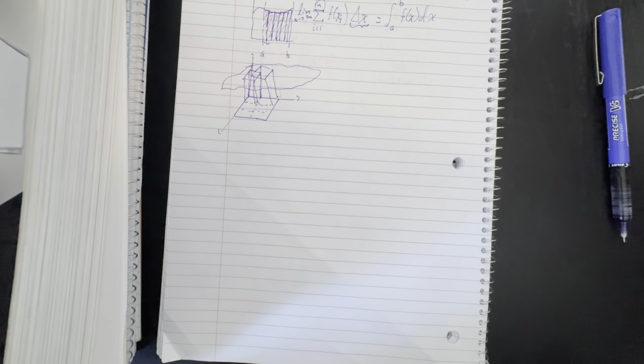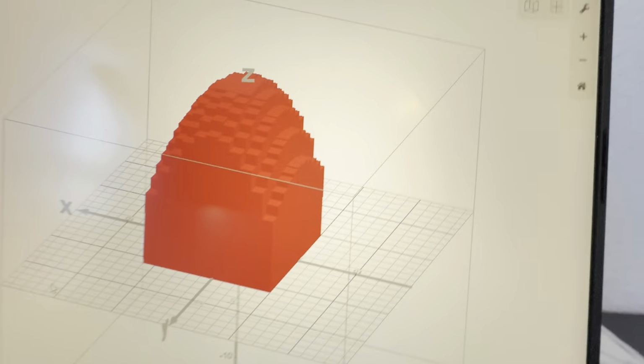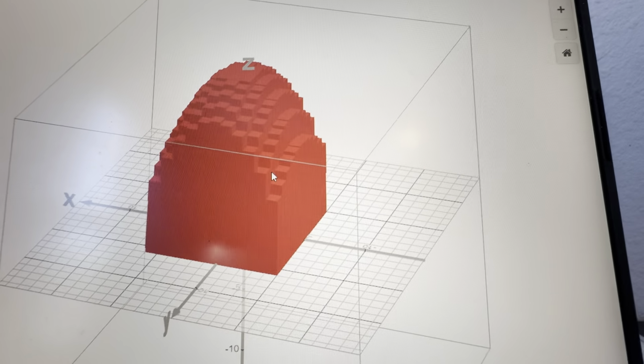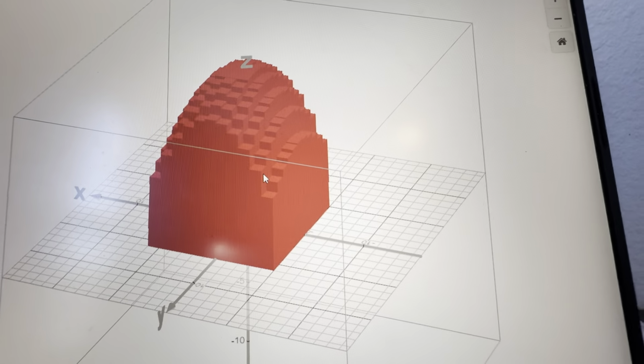Maybe if I look up double integral visualization, we'll probably get something nice looking. Yeah, okay, so something like this. And you could increase the number of these rectangular prisms you have and it'll be more accurate.